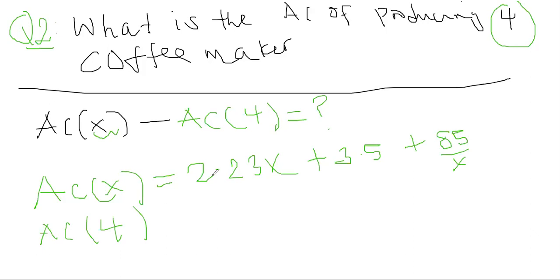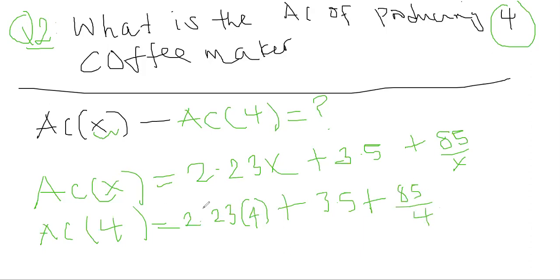So this will be 2.23 times 4 coffee makers, plus 3.5, plus 85 over 4.